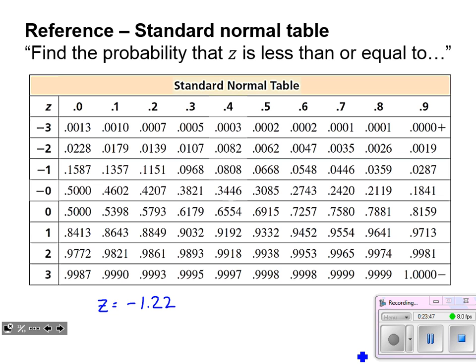So using the table, I would go to negative 1.2 and 0.02 to find out the probability. So the probability, or how much area that normal curve is taking up for that particular z-score or less, is 0.1151. So it makes it pretty easy when you think about it. There's a lot of math happening behind this table. It makes it pretty easy for us to calculate these x intervals that don't lie on perfect standard deviations.